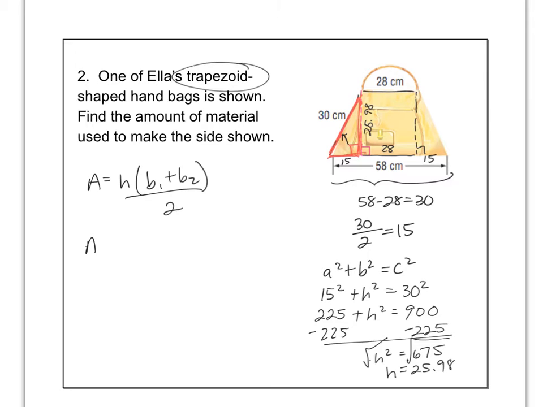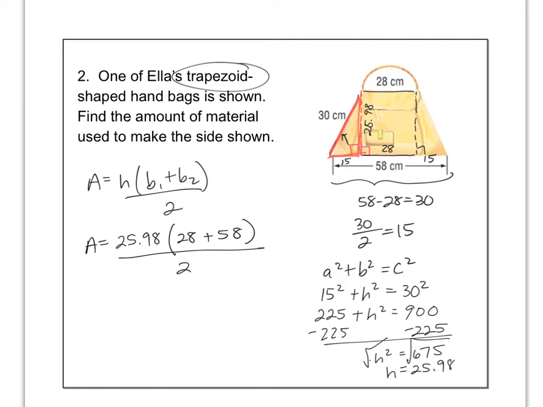So let's fill in what we can into our formula. We know the height, which is 25.98. Then I make a parenthesis. The top base is 28. The bottom base, the whole way across, is 58. And then divide by 2. Now type this in with the parentheses.